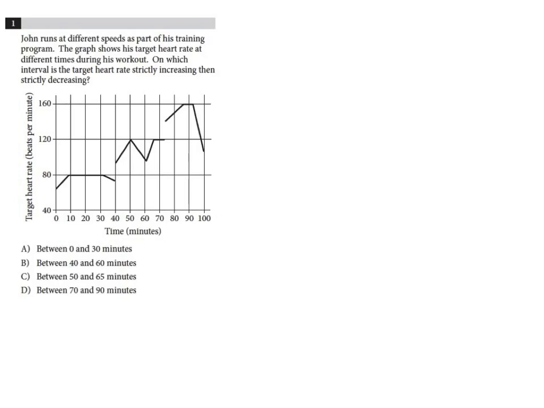Well, if we just look at the graph before we go down to the possible answers, I can see that we got increasing and then constant and then decreasing. Well, that's not going to be it. Right here it's increasing, and then immediately after that it's decreasing.